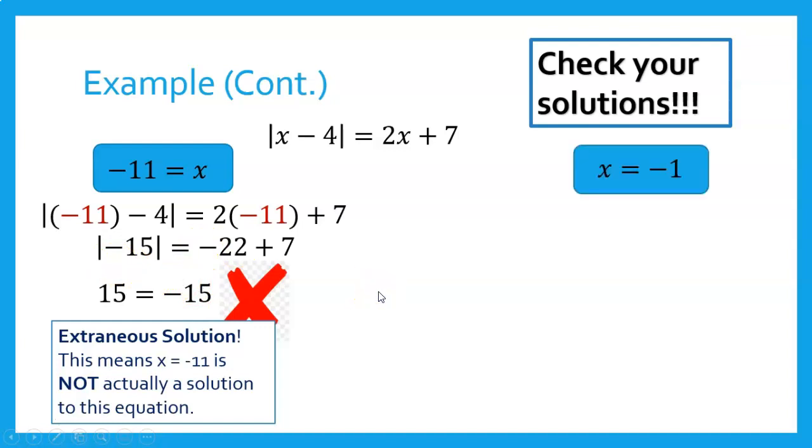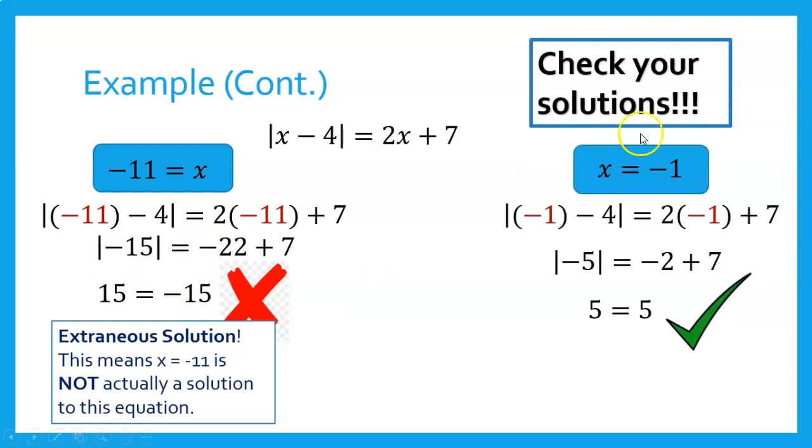Now I'm going to check x equals -1. When I substitute -1 into the equation, I can solve it. -1 minus 4 is -5. The absolute value of -5 is 5. 2 times -1 is -2, plus 7 is +5. +5 does equal +5. So therefore, x equals -1 is a solution to the original absolute value equation.